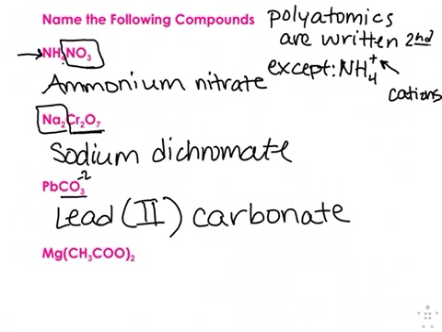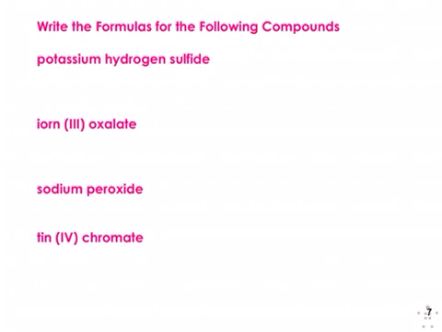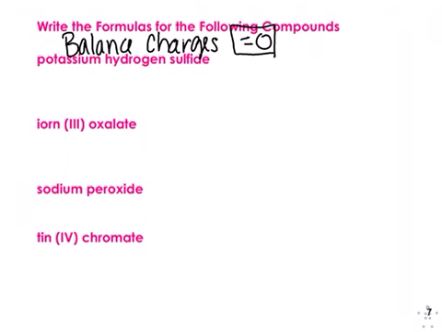I'm going to skip that next example because I want to do it from words to symbols. So, when we do the words to symbols, we have to make sure we remember to balance the charges. That means the charge has to equal 0. So, potassium, K, hydrogen sulfide, we're going to pull from your polyatomic list. So what is the symbol for hydrogen sulfide?